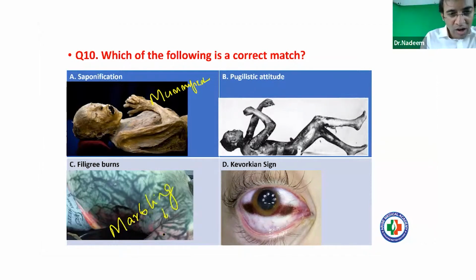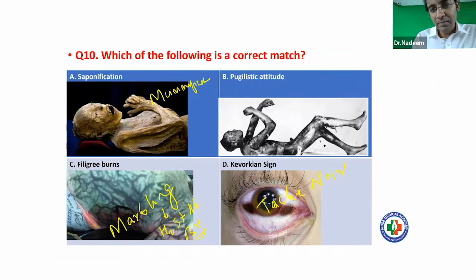Marbling because of what? H2S and hemoglobin over blood vessels, right? So C is marbling, and D is tache noire sclerotique, right? Yes.